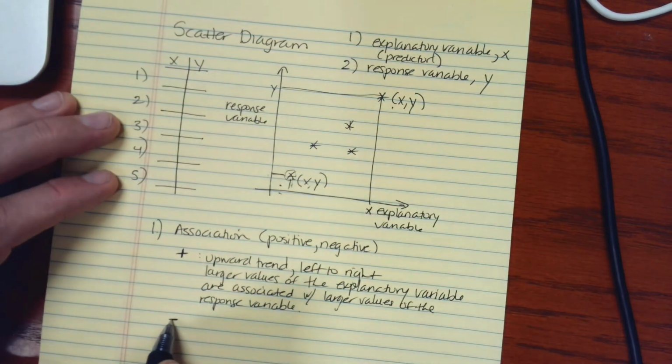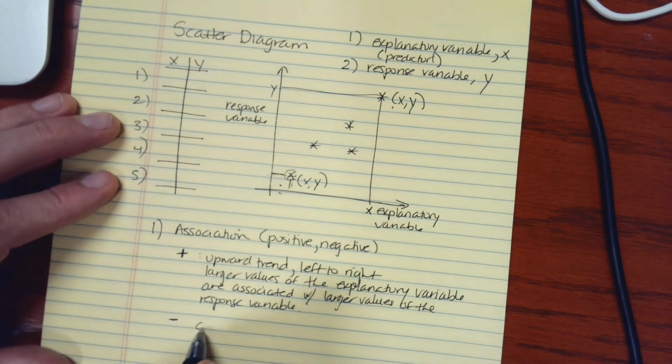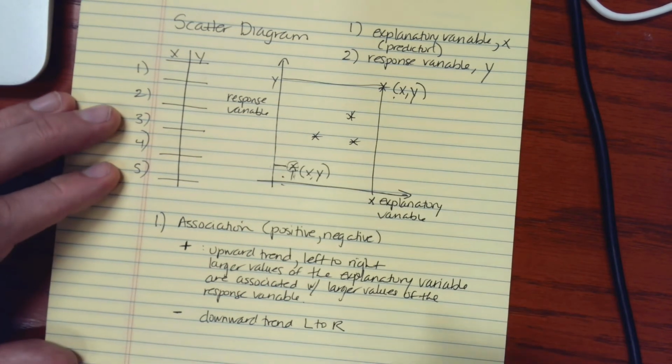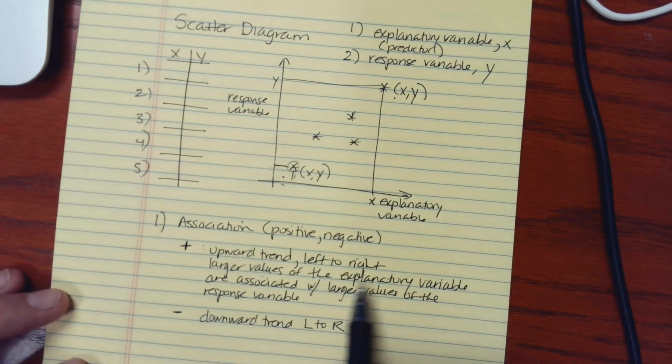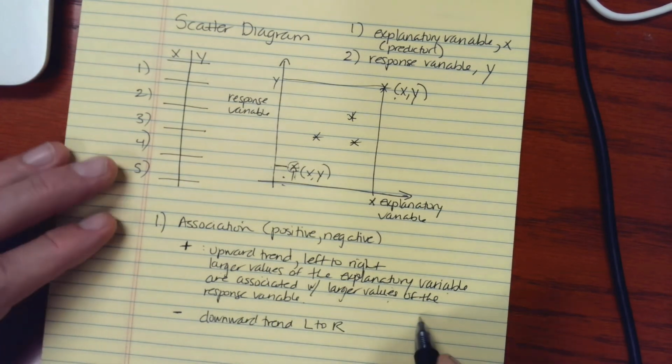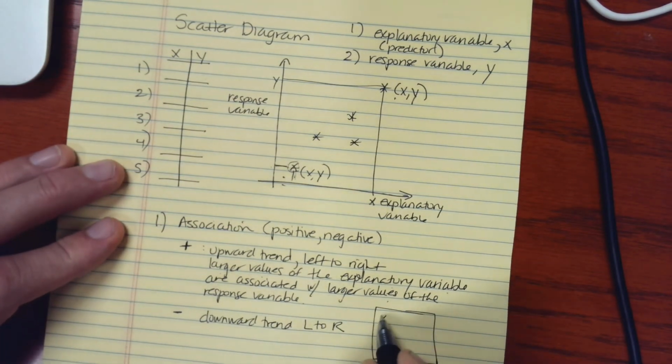If we have a negative association, then we would expect a downward trend. And that is left to right. And then we would expect larger values of the explanatory variable to be associated with smaller values. So that may look like something like this.